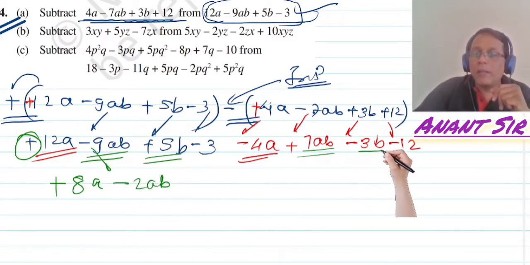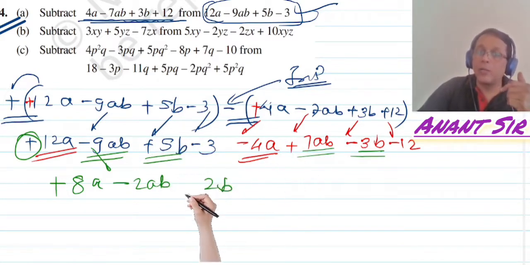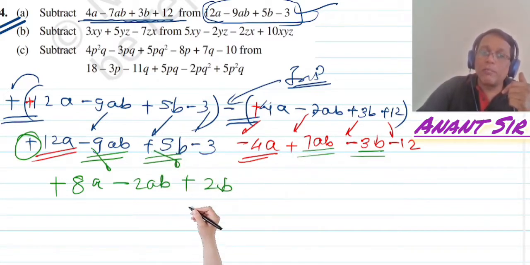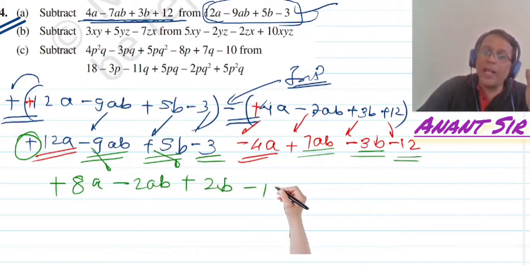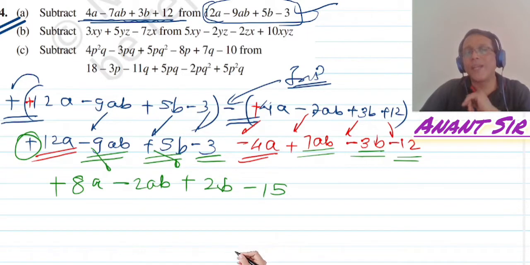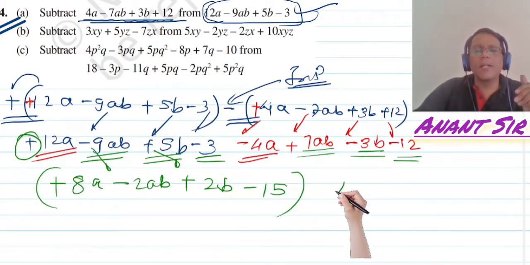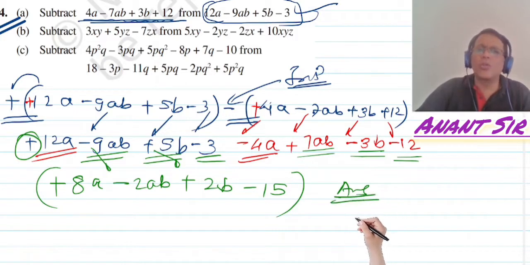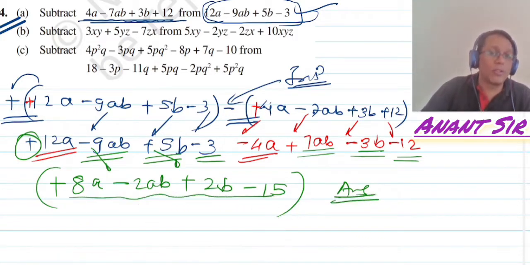Plus 5b minus 3b, again the signs are different, so 5 minus 3 is 2, and I give the sign of the bigger number. Then minus 3 minus 12, same sign, so I add and give the same sign, so it's minus 15. This is our final answer, friends. So easy. As all are unlike terms, we cannot solve further.